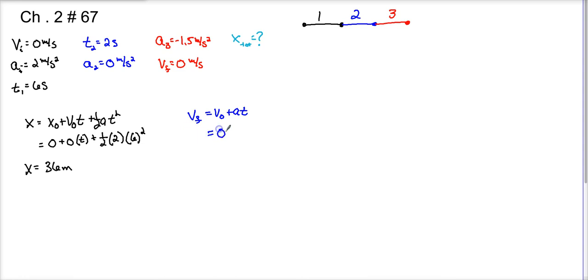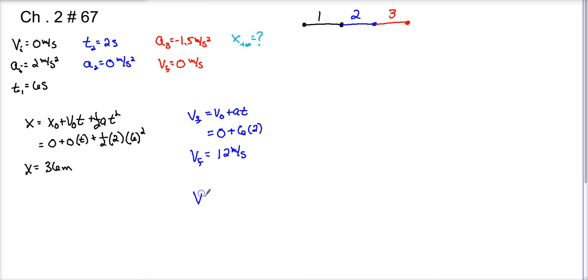So we've got the initial speed of 0, and the acceleration of 2 for a time of 6. Then at the end of section 1, we should be traveling at 12 meters per second. Using that information, we'll be able to determine how far we travel.